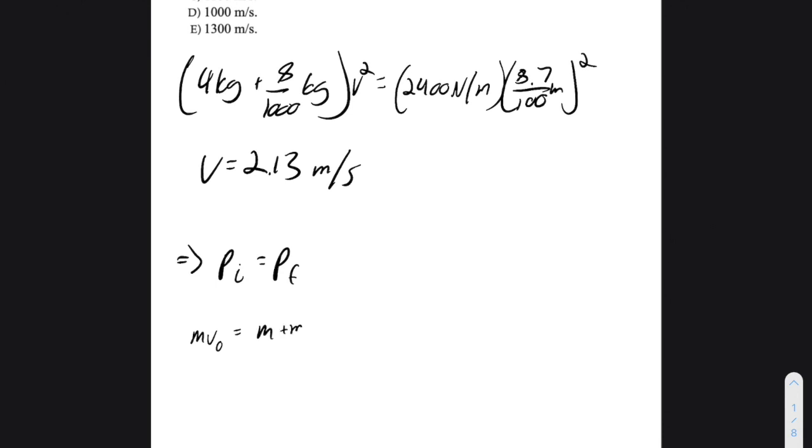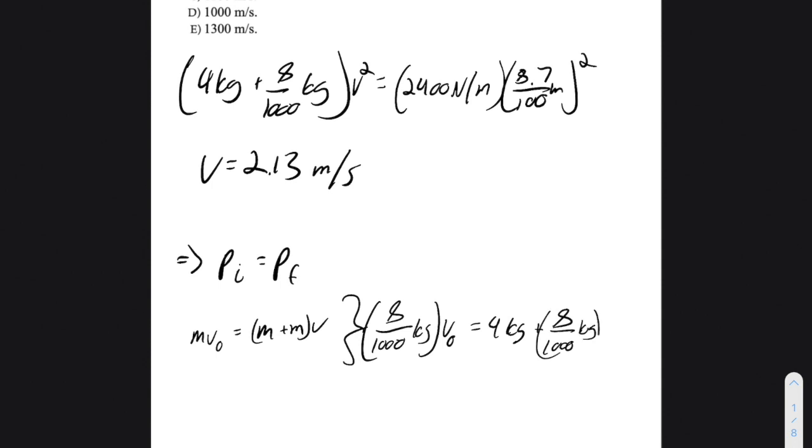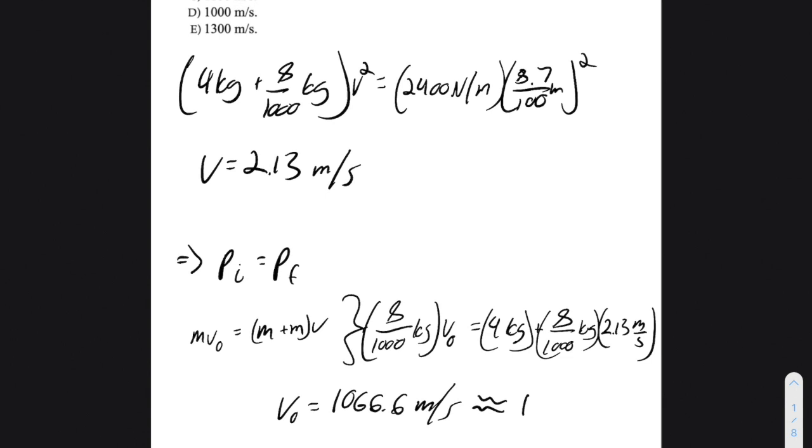So this is the mass m of the bullet times the velocity of the bullet, and after it gets lodged into the block, the combined momentum is large M plus small m times V. V is the speed which we found in the first part, the speed the bullet plus block system gains after the bullet strikes the block. So the mass of the bullet is 8 grams, 8 over 1,000 kilograms, plus the mass of the block, which is 4 kilograms, times the velocity, 2.13 meters per second. So from this, we get V naught equal to 1066.6 meters per second.